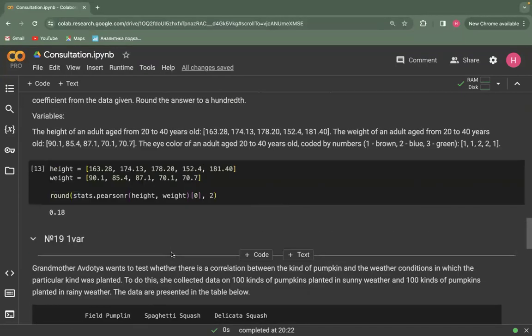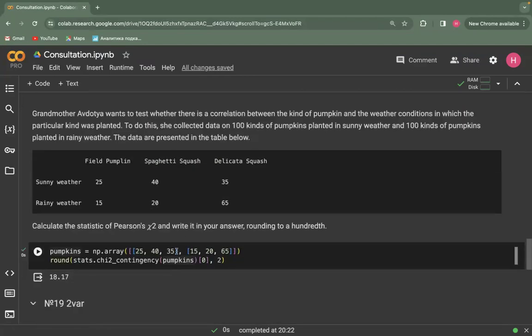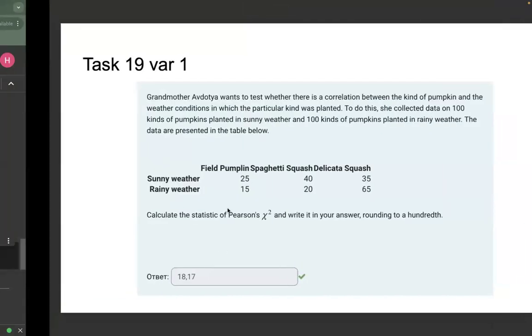We don't use this like in the previous exercise when we just put two arrays here, but here we have to put these two data sets in one array. So after this, we just run this function and take the answer. It is 18.17. It is the correct answer for this exercise.